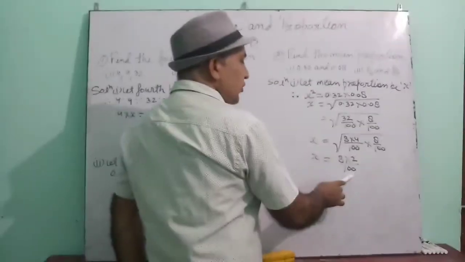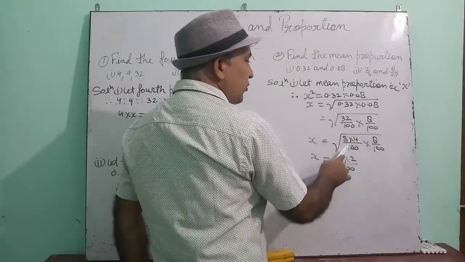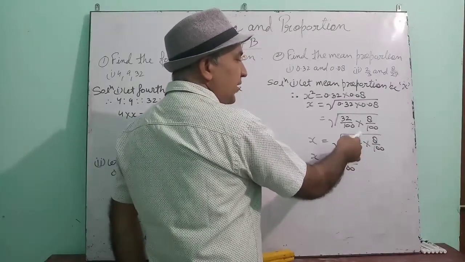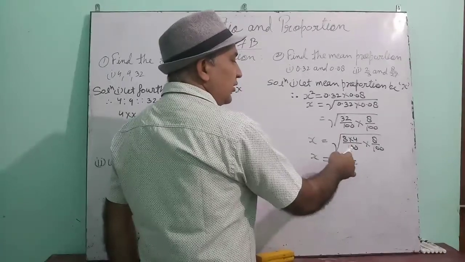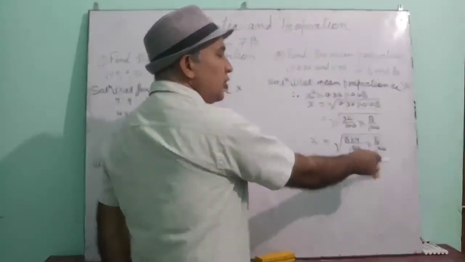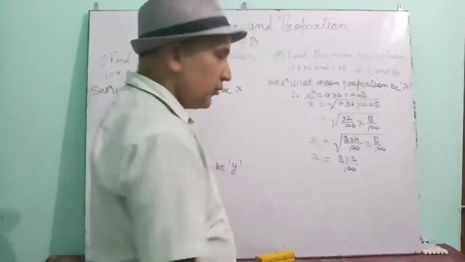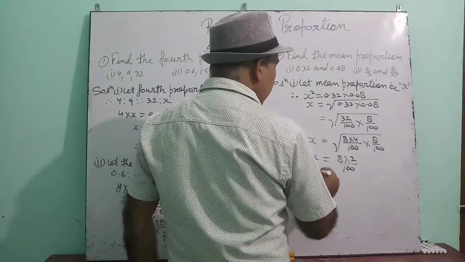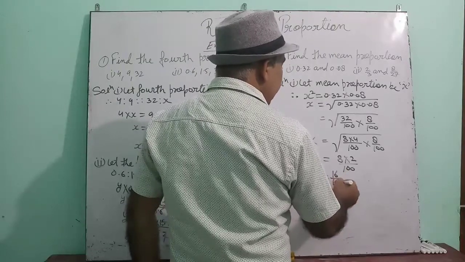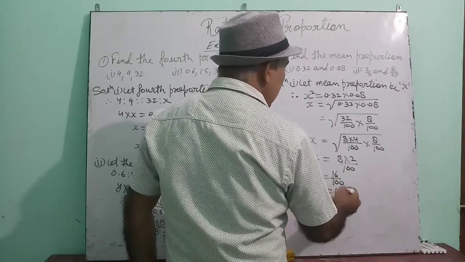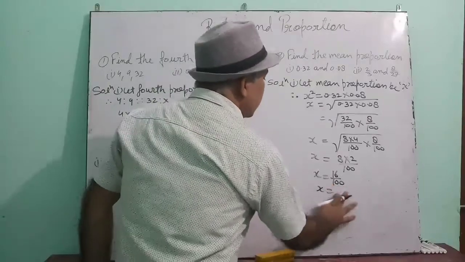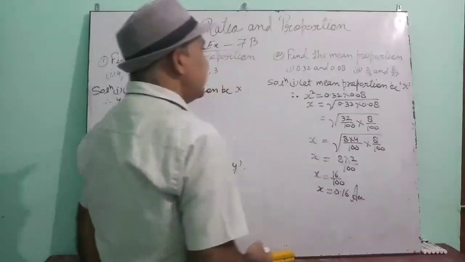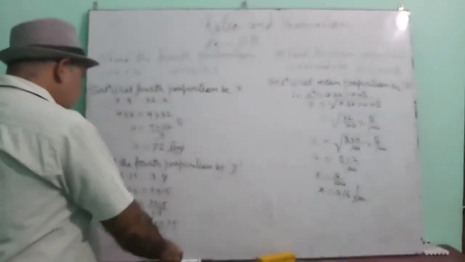Because 100 has also come out, 8 has also come out, and from 4 means 2 into 2. So 2 is also in the pair, so 1, 2 is also coming. Now nothing is remaining in the square root, so we will not write square root. Okay. Now 8 into 2 is 16. 16 by 100 means 0.16. Okay. Understood the mean proportion.